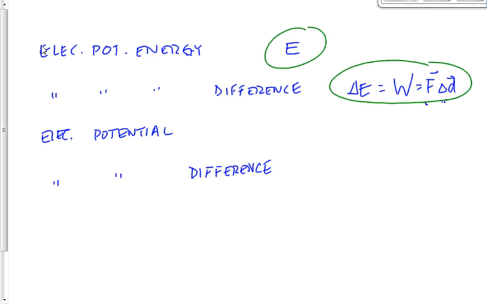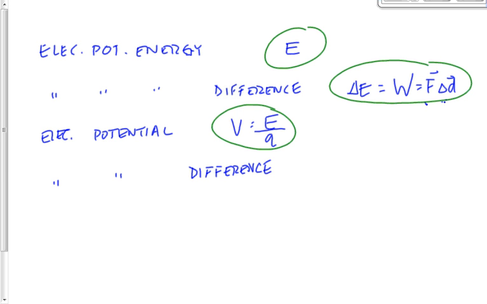Electric potential is given by the symbol V, and we can find it by saying it's the total energy divided by the amount of charge. The total money divided by the amount of people, right? E over Q. Of course, the units for electric potential, which is also known as voltage, are joules per Coulomb, or volts.